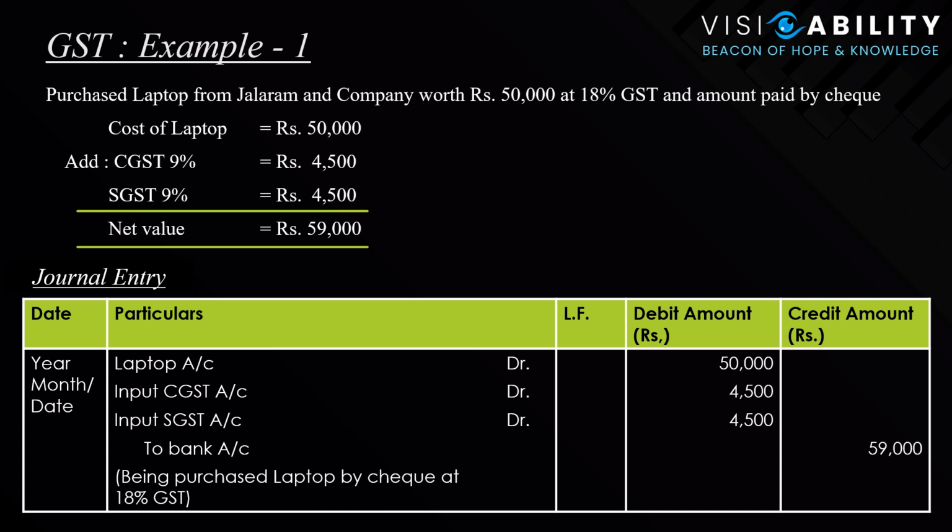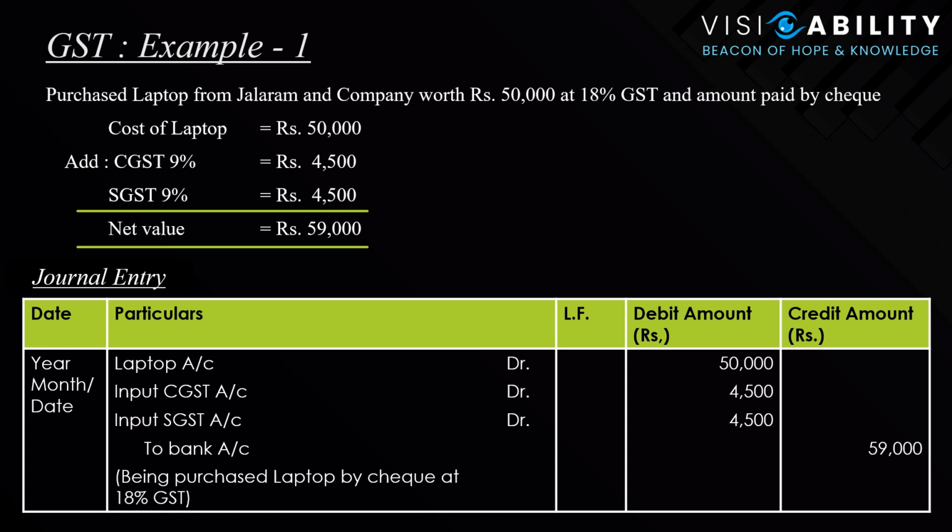One, when we are purchasing goods or taking a service, and the GST is being paid as a customer, how would the entries get affected? And the next example is where we are a seller, and when we are charging the GST, how exactly would be the entries in our books of account?